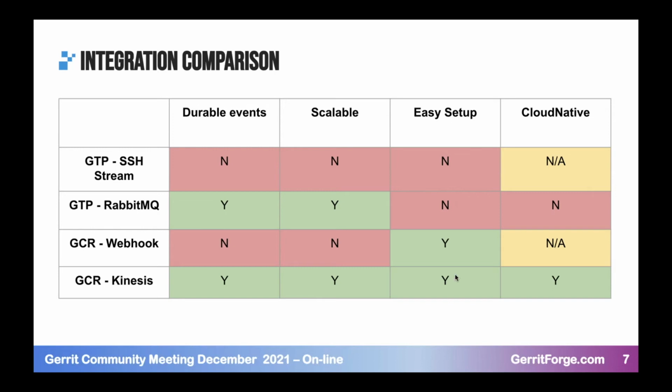And it's easy to set up because the Gerrit Code Review plugin is easy to set up itself, and I will show you that AWS Kinesis as well is quite easy to set up. You just need a couple of clicks. And of course, it's the only one among these broker implementations which is cloud native.